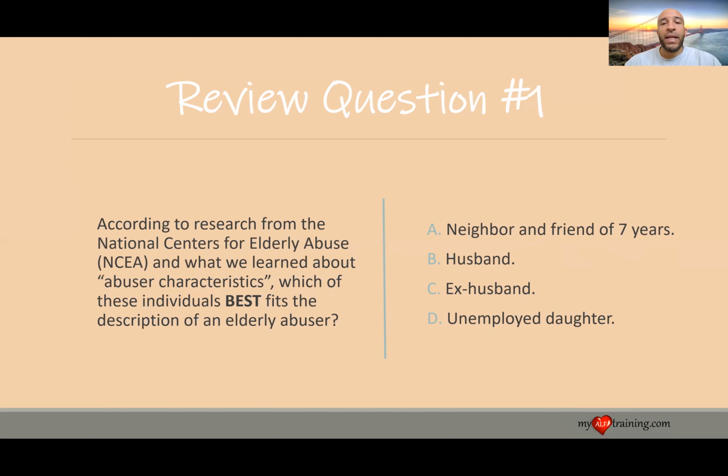Would it be the neighbor and friend of 7 years, the husband, the ex-husband, or the unemployed daughter? Who is most likely the abuser of the patient? If all of these people are coming to visit your patient, I'll give you a second here.